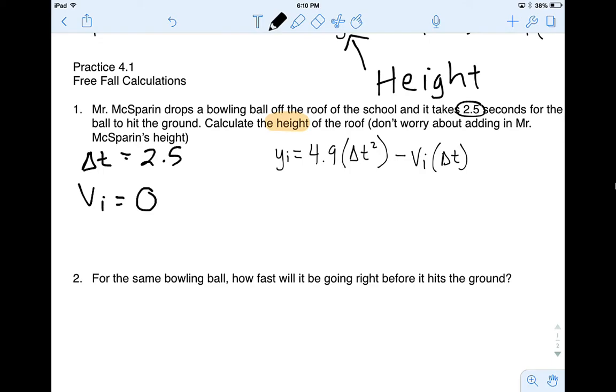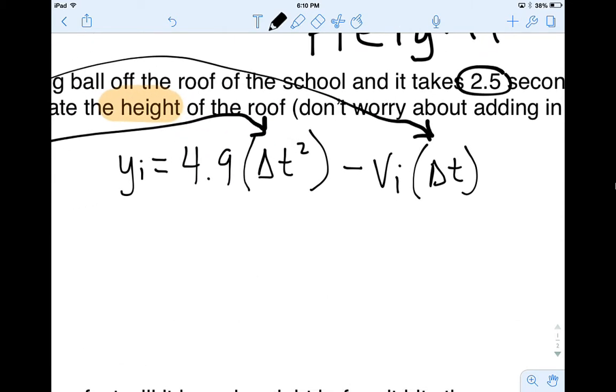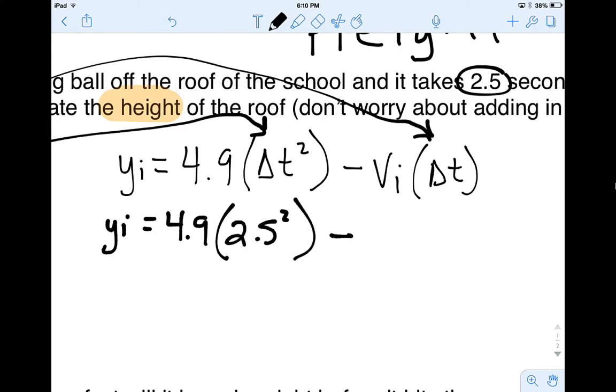So VI is going to be 0. Now I'm going to plug these things in: 2.5 goes there, and it also goes there. I end up with YI equals 4.9 times 2.5 squared minus 0 times 2.5.